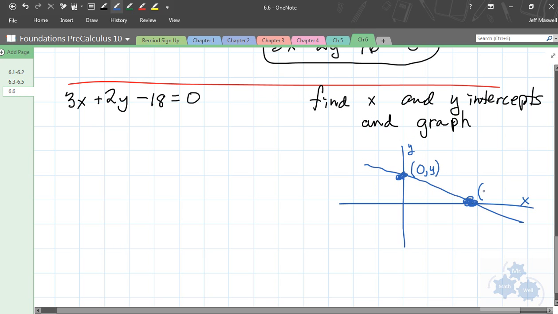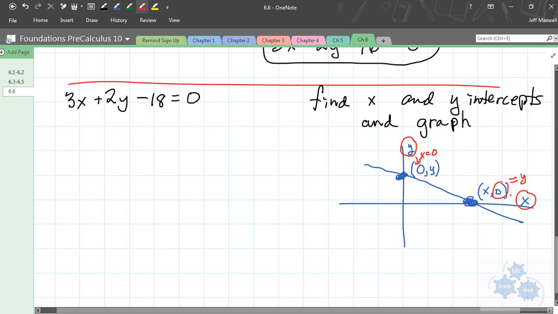The coordinates for all x-intercepts are x, 0. So that is true for every intercept no matter what. And what you want to notice here is that for the y-intercept, x always equals 0, and for the x-intercept, y always equals 0.